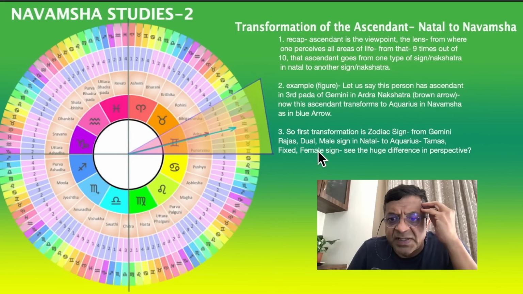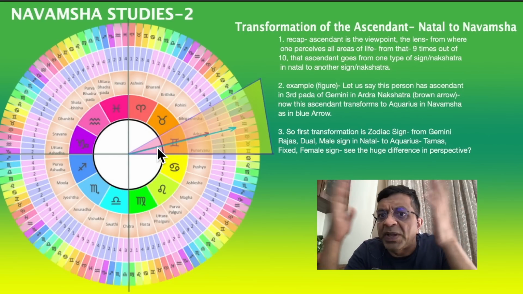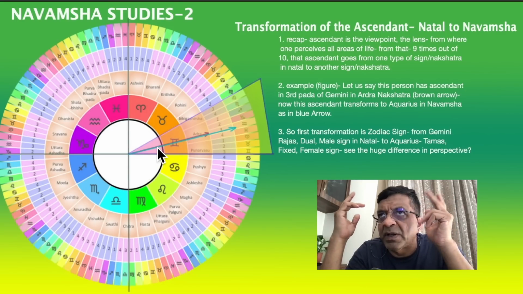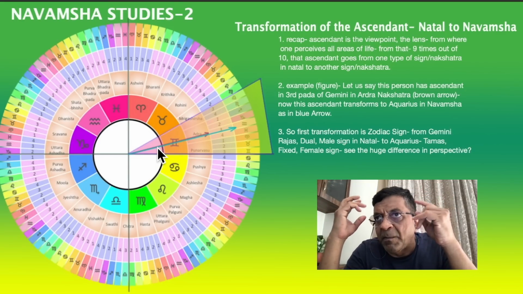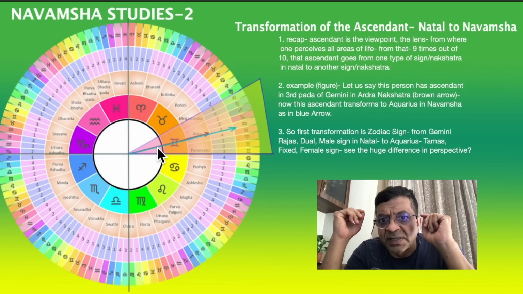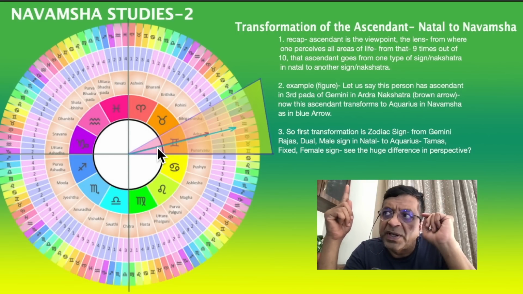So in this case, it goes from being a male sign to a female sign, dual sign to a fixed sign. So this person begins the first half of their life's journey by assuming the personality of Gemini, Mercury in Gemini, which is moving, with quite a lot of mental energy, thinking, analysis, and logical reasoning. Then comes the sign of Aquarius later.